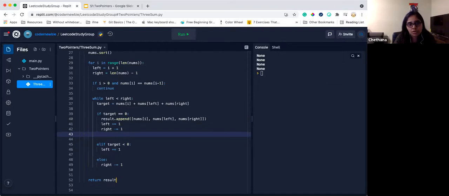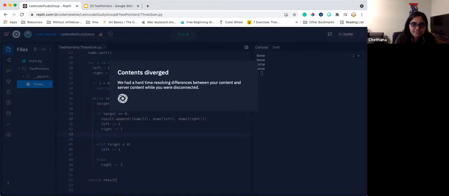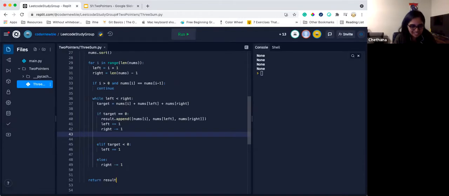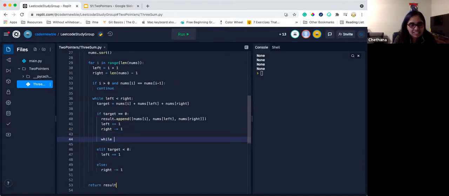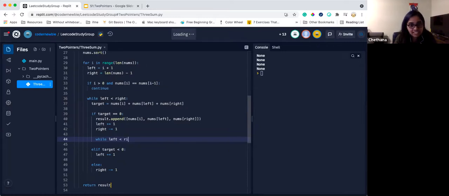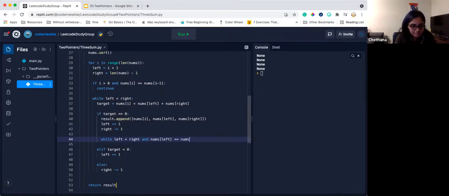Oh man, this is frustrating. Okay, so while you are within the same bounds, while left is lesser than right and nums of left equals nums of left minus 1, because for the left pointer you always increment the position by 1.